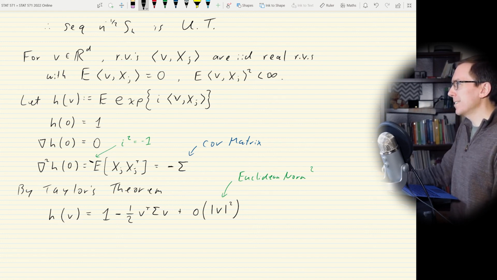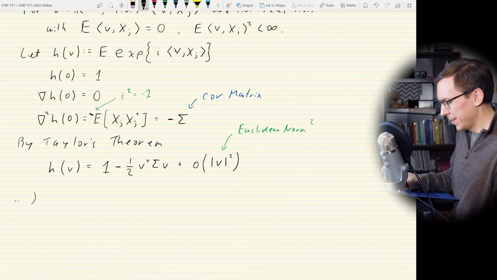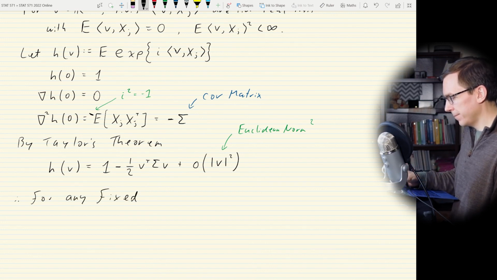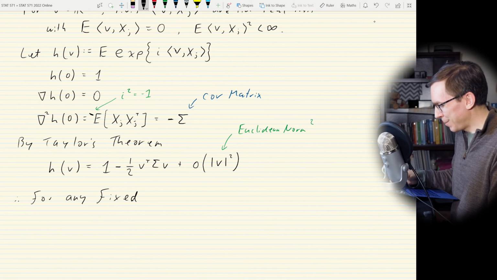Well, what does that mean? Therefore, for any fixed v, I'm supposed to take a log. I think I'm supposed to take a log. Let's just write this out, and then I'll double check.